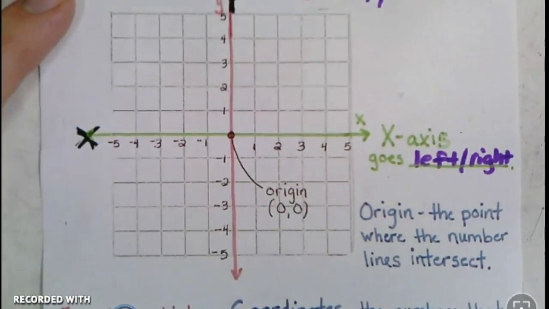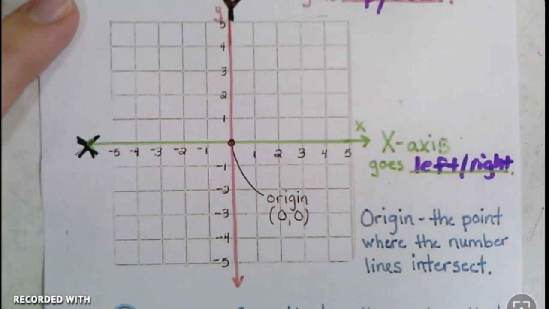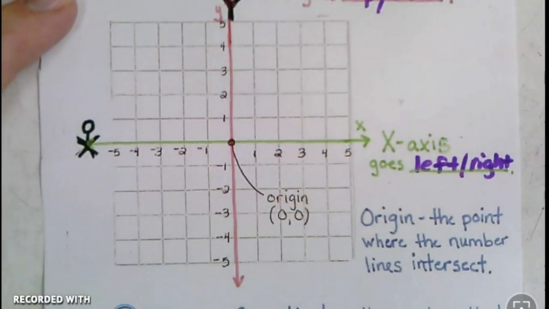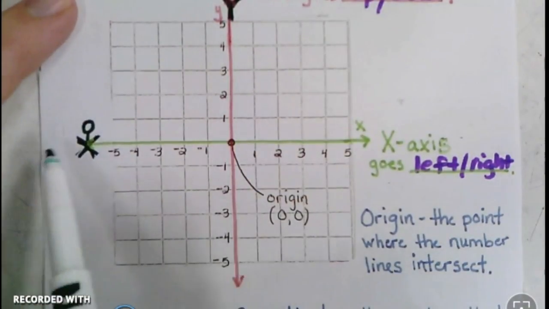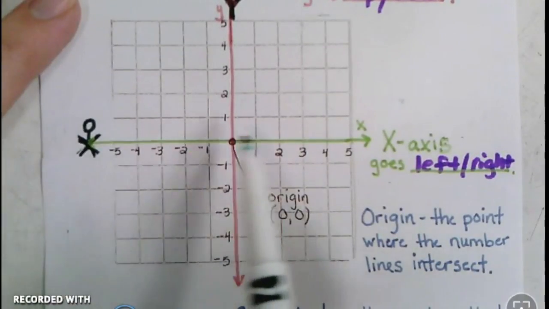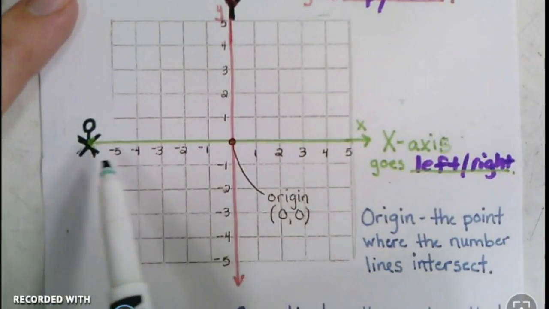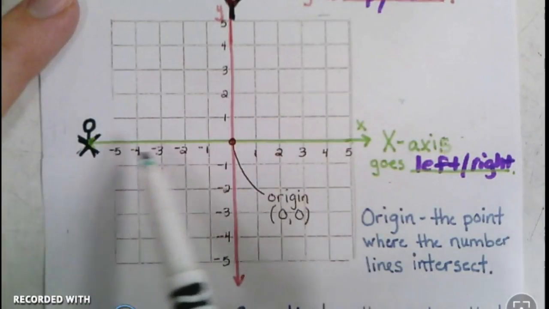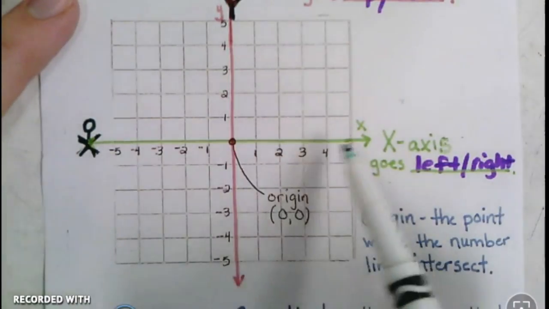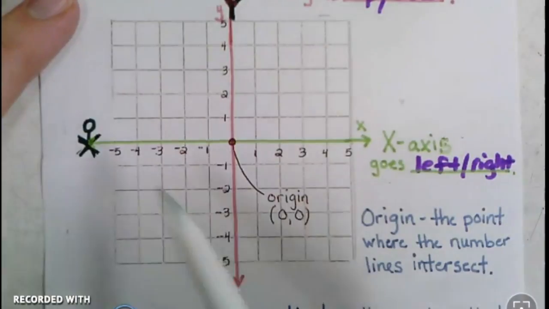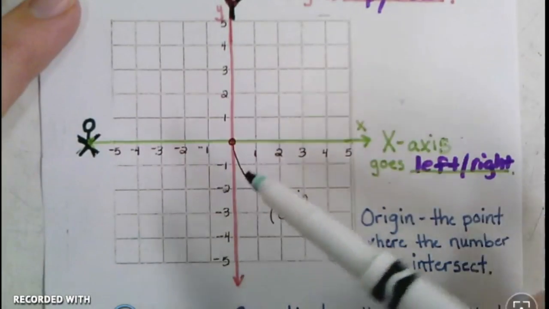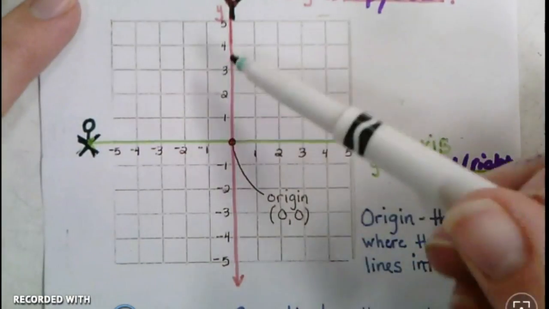The other thing I like to do is draw a little person. I make my little x into a little guy, because that's going to help us remember that we run along the x-axis. So we run along the x-axis, which is really to the left and to the right. And we need to do that before we can ride an elevator up and down.